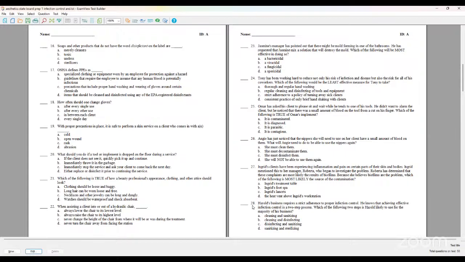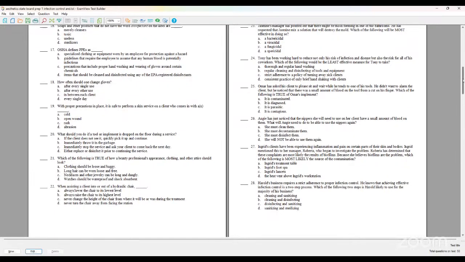Most of the time, I'm going to say it's going to be B, because remember I said even with the tools from the questions we had above, you're going to clean them off with soap and water, and then you're going to disinfect. So 28 is going to be B. Most of the time, we are going to use the two-step process of cleaning and disinfecting.